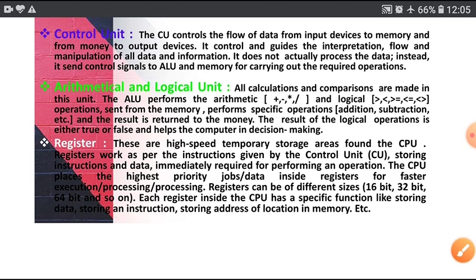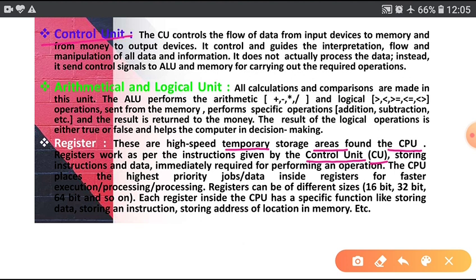Now, register. These are high speed memory, a temporary storage area found in the CPU. Register works as per instruction given by CU, the control unit.